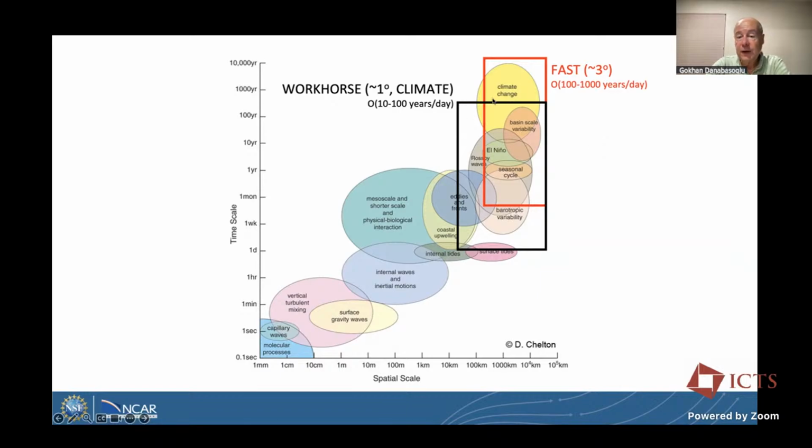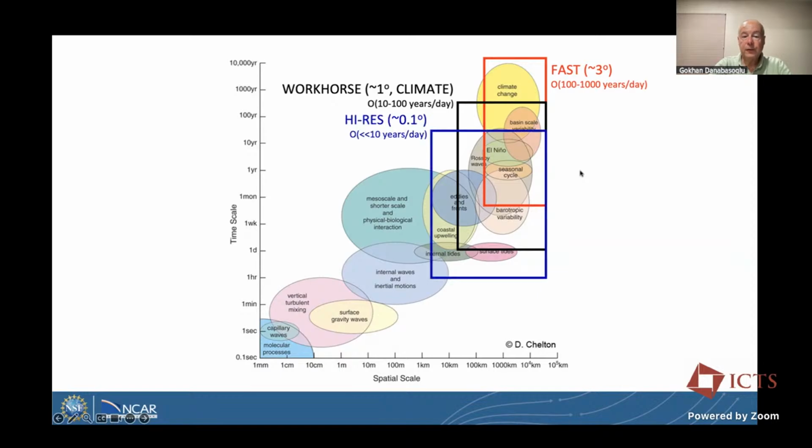As you can see here with the black framed area, many of the processes, in particular the most energetic component in the ocean, mesoscale, are not properly represented. And you can see only partial representation of surface tides and various other processes.